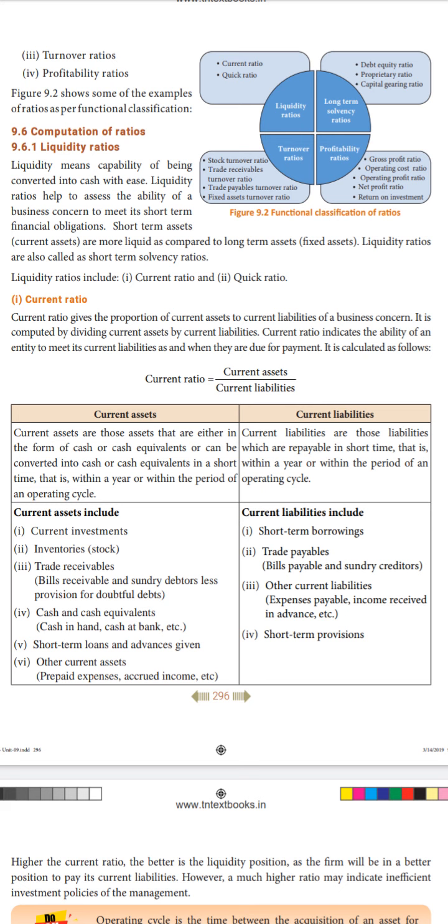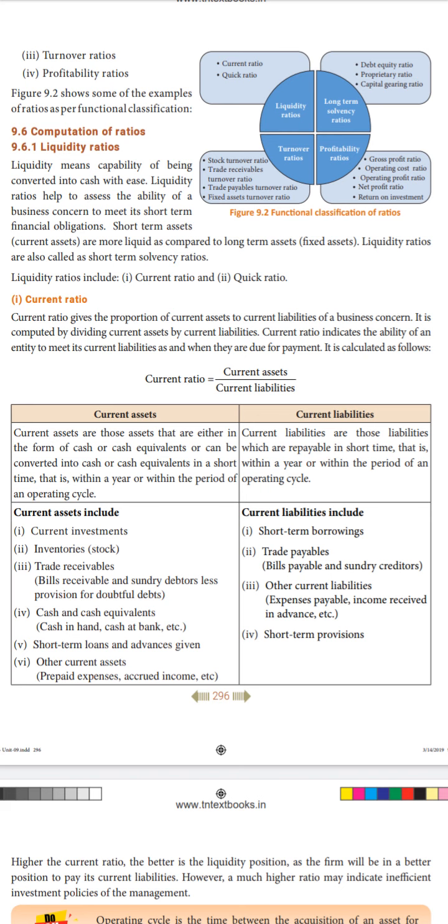So to pay off those creditors, we must have certain current assets. We compare the current or liquid assets with the current liabilities. This is what we do in the liquidity ratios. Liquidity ratios are further classified into two categories.